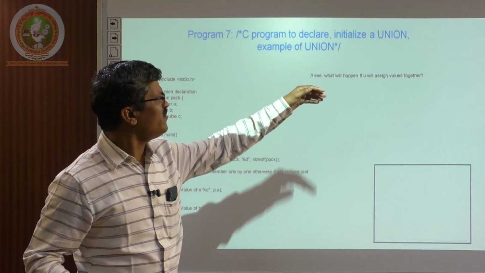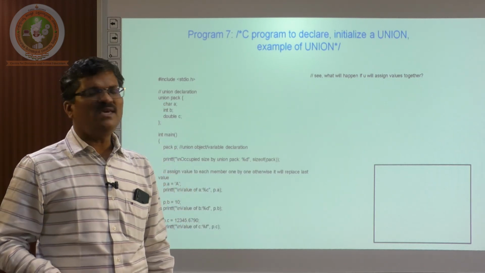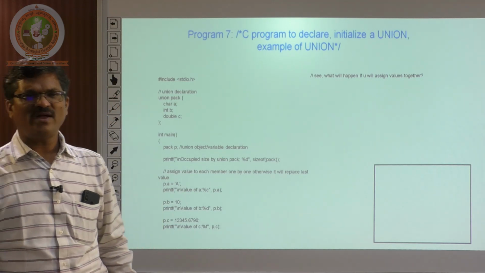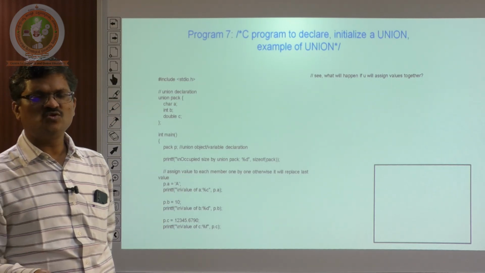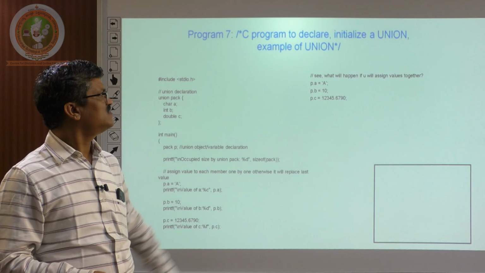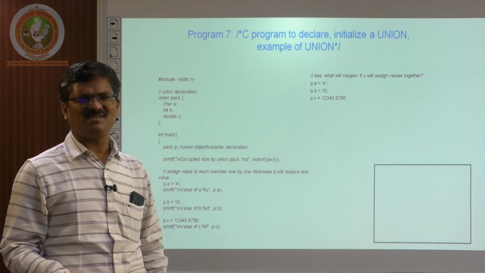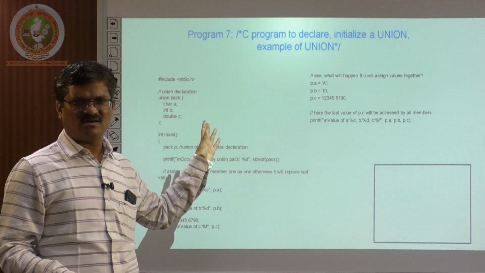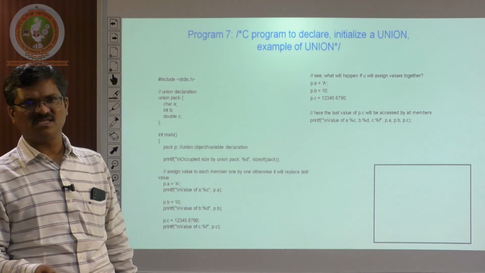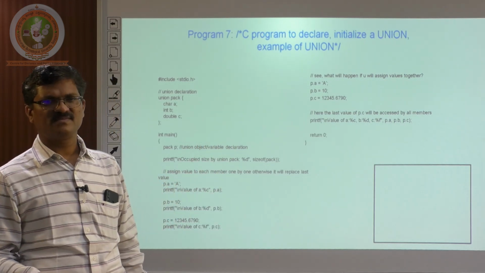On the other hand, if you happen to assign the values and access them together, P dot A, P dot B, P dot C. Okay. This is just another example of such cases which we have already seen.